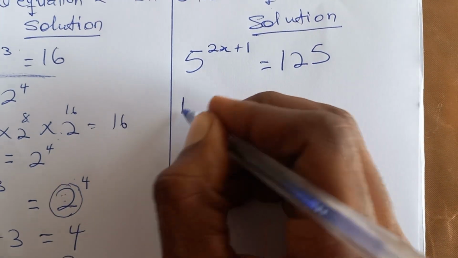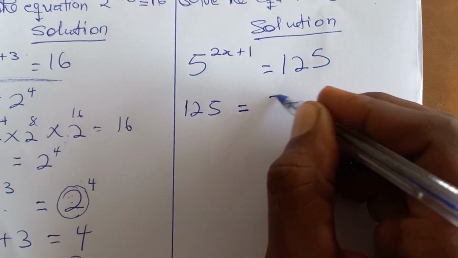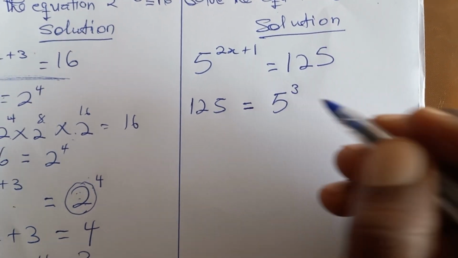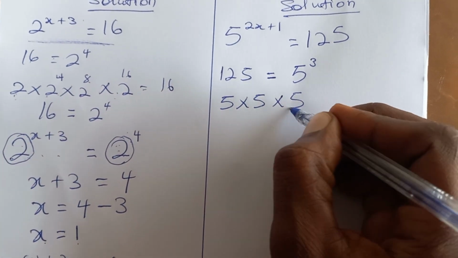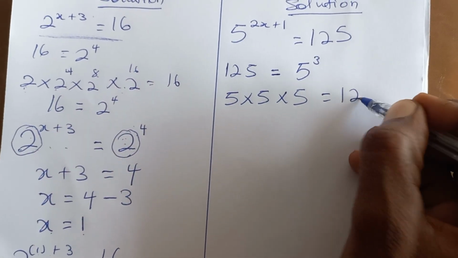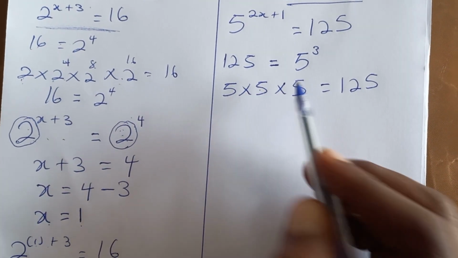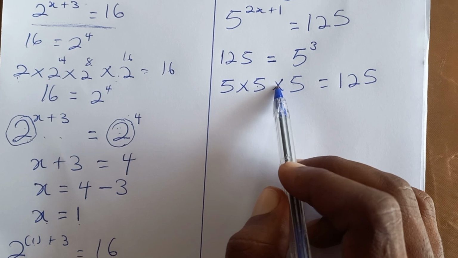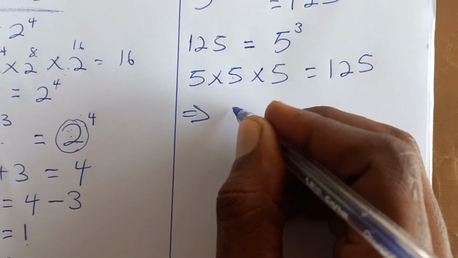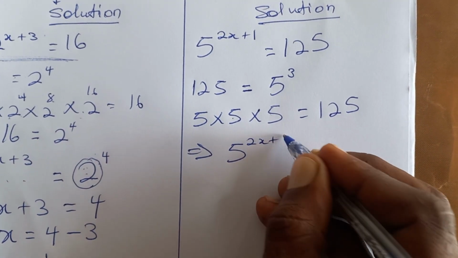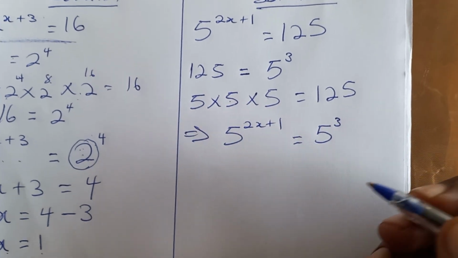We can express 125 as 5 exponent 3, because 5 multiplied by 5 multiplied by 5 is equal to 125. So we have 1, 2, 3, so 5 to the power 3. Our equation now becomes 5 exponent 2x plus 1 is equal to 5 exponent 3.